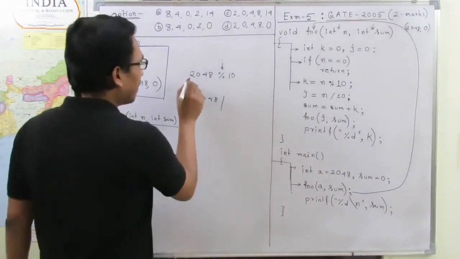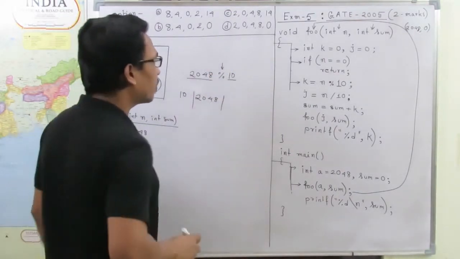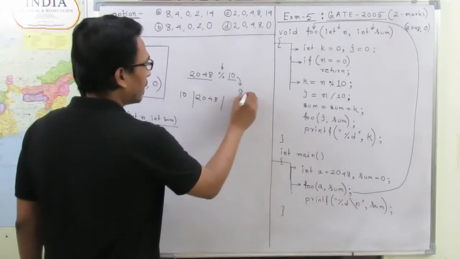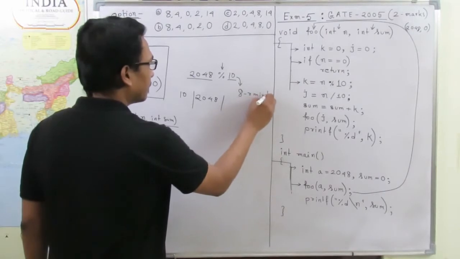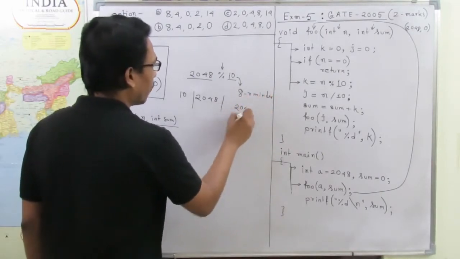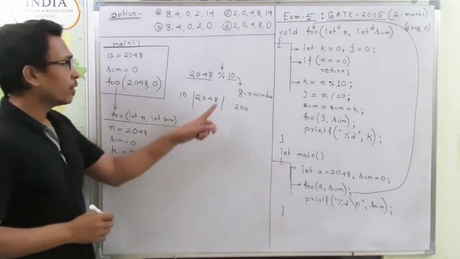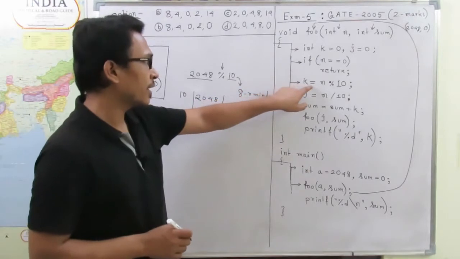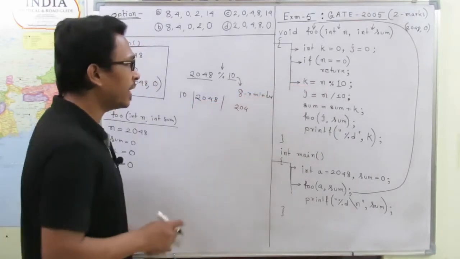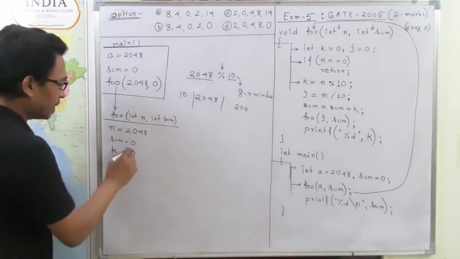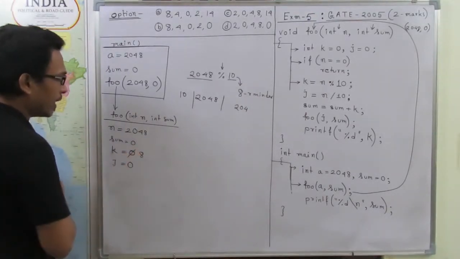When we divide 2048 by 10, the remainder will be 8, and the quotient will be 204. Clear? So when the system executes this instruction the result will be 8, and that 8 will be stored in k. Now the value of k is 8.